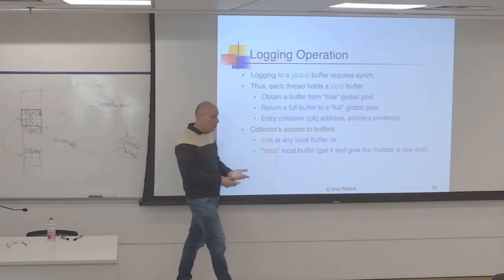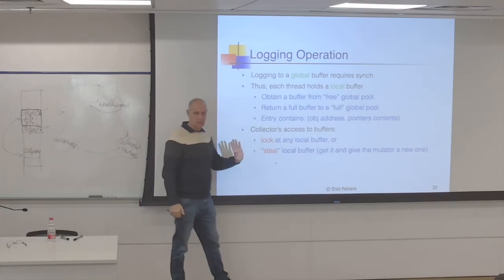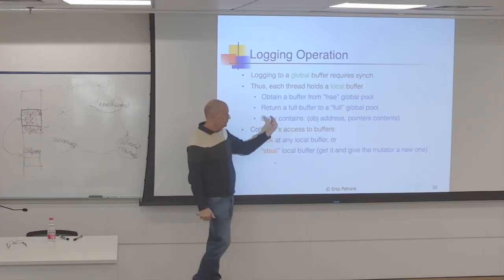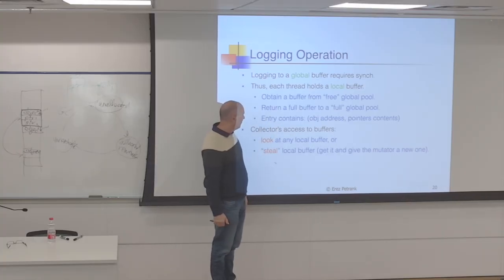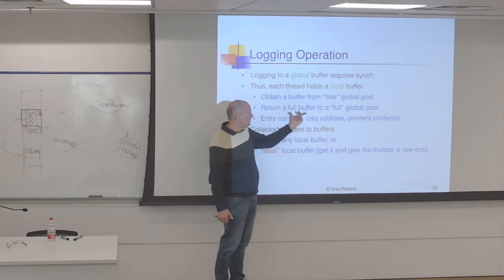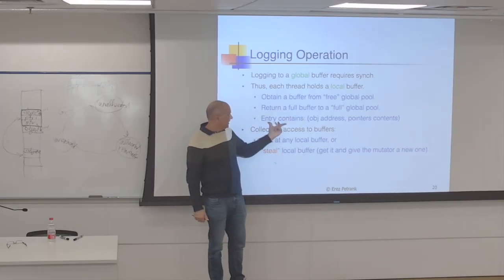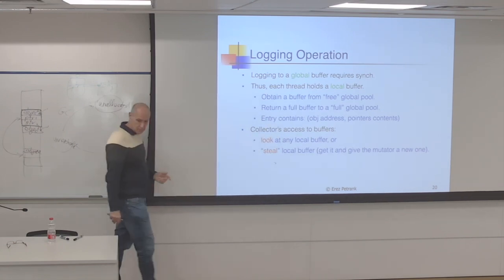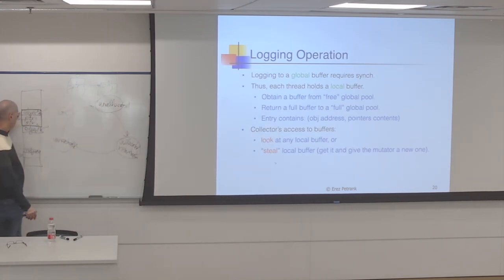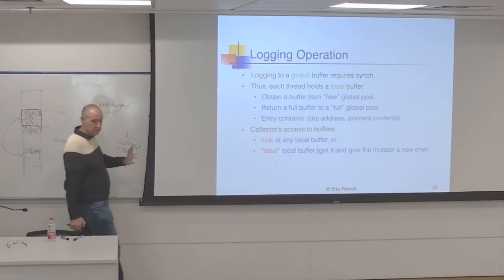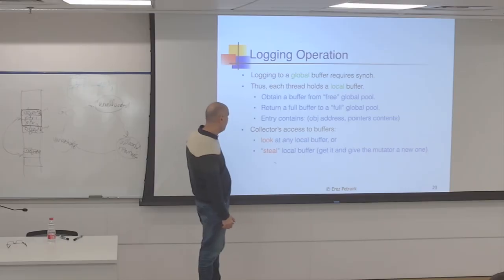And you have your own local buffers that you don't have to synchronize with anyone to work with. So you get a free buffer, you return a full buffer, and an entry contains an object address and the pointers that are in it. So this is the content of a buffer entry.